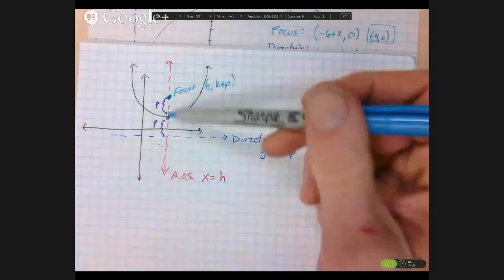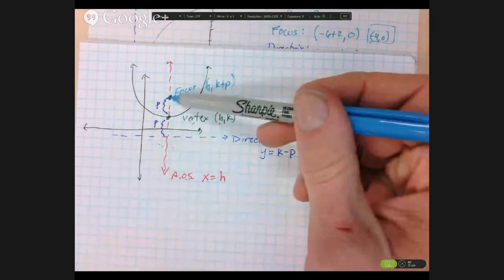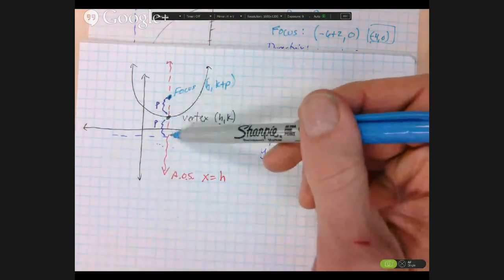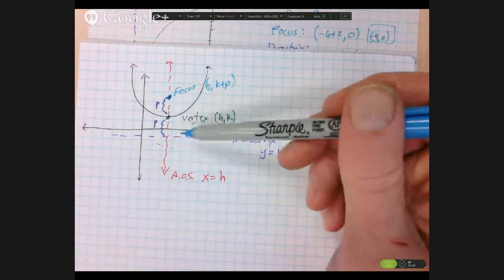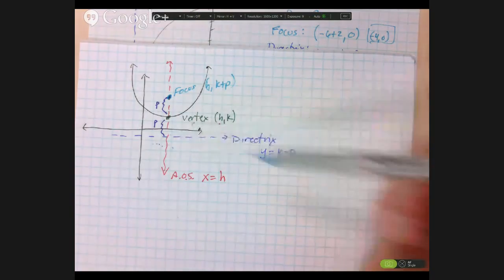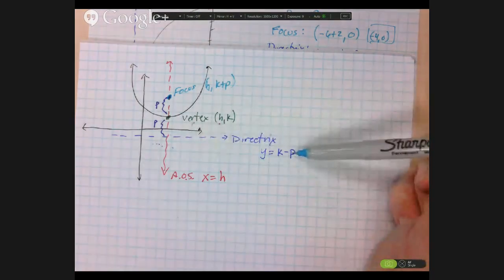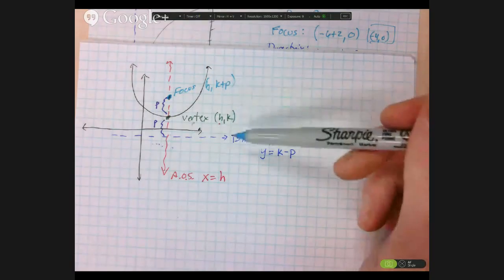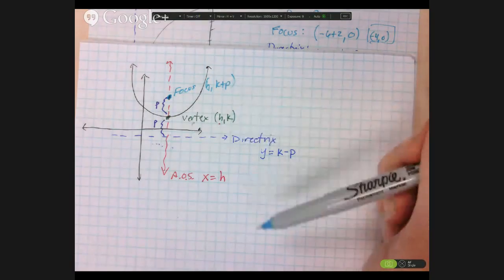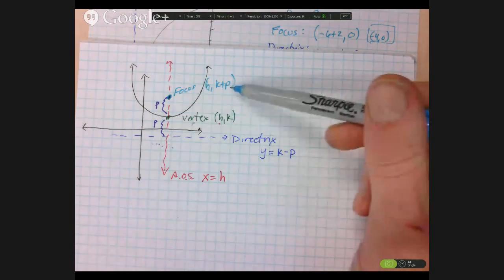P is the distance from the vertex to the focus and the vertex to the directrix. So we're subtracting p here and adding it here. It's just like the ellipse and hyperbola. Yeah, that's h and k plus p.